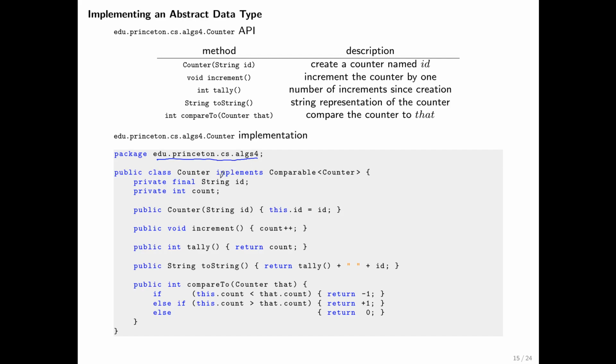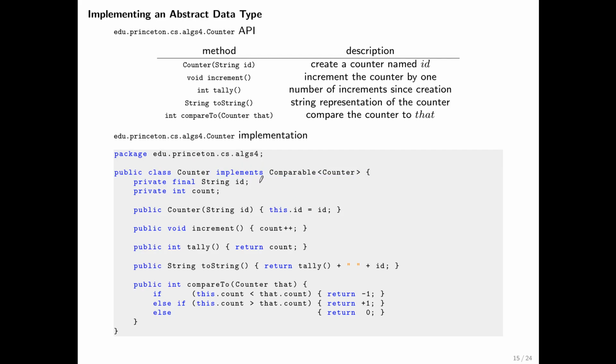So that's why it has this additional syntax. It implements something called the Comparable interface. We'll talk about this later on. It's this syntax that makes Counter comparable, meaning you can compare two objects of type Counter for order, such as which one is smaller than the other and so on. But we'll talk about that later on.